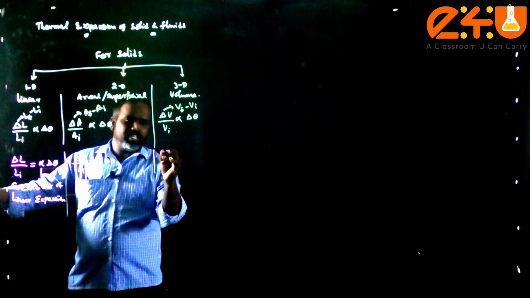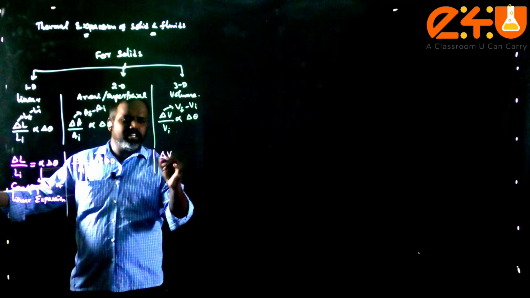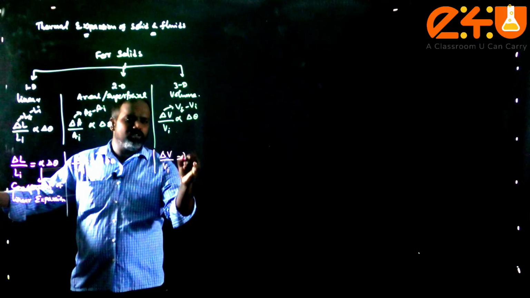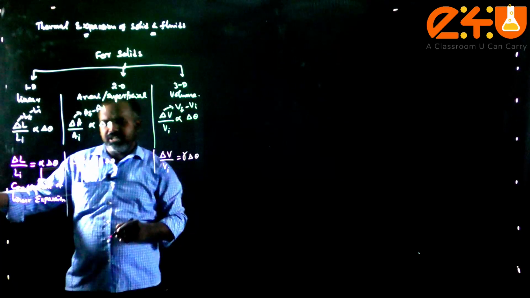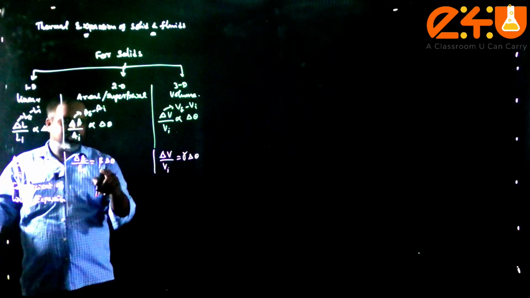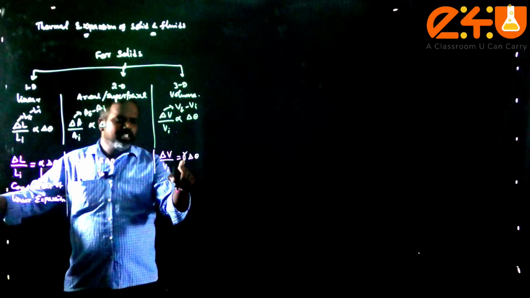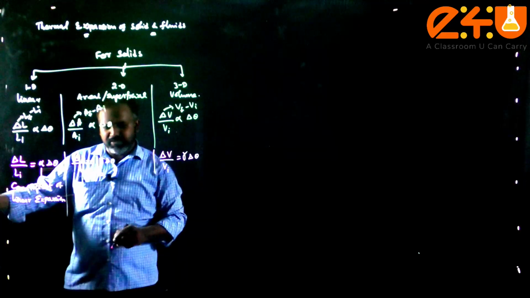And similarly, delta V divided by V initial is equal to gamma into delta theta. So alpha is the coefficient of linear expansion, beta is the coefficient of areal or superficial expansion, and gamma is the coefficient of volume expansion.